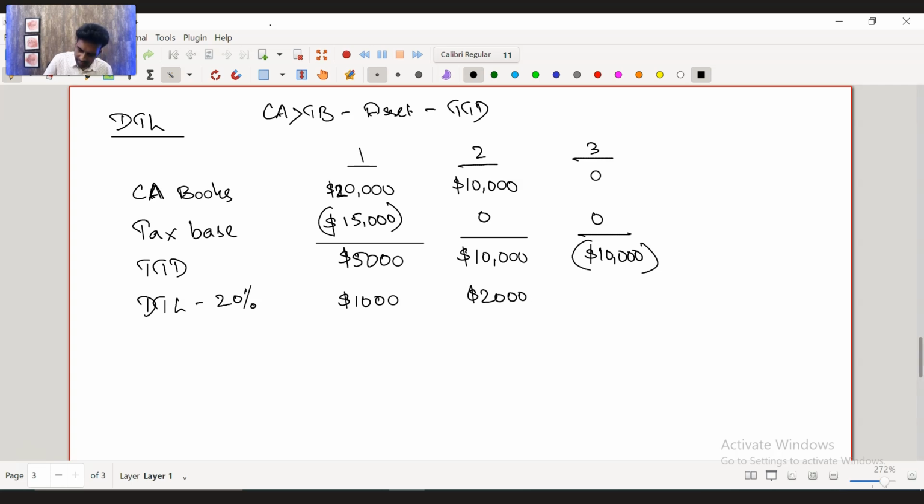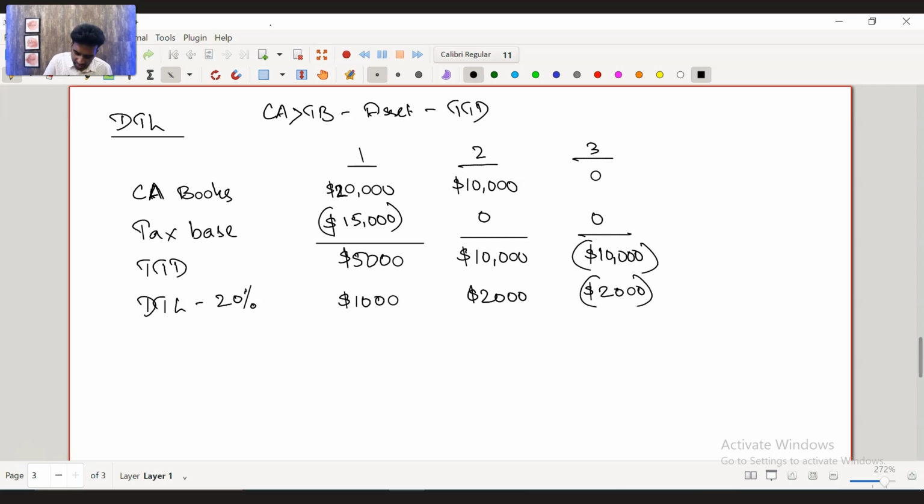In the third year, what happened? In the first year it will be 1,000 because the difference was 5,000. In the second year, the difference was 5,000 plus an additional 5,000 came in, so your total liability became 2,000. In the third year, the entire difference of 2,000 will be removed.